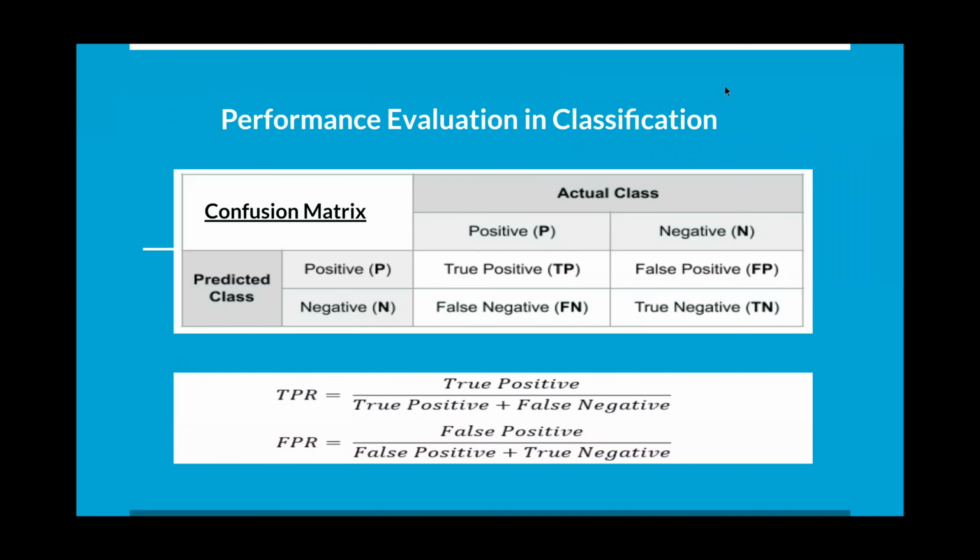So the confusion matrix is nothing but comparing the true labels in our test data with those predicted labels by our ML model. So here true positives and true negatives are those labels which have been predicted correctly. And there are also false positives and false negatives. False positives means those labels which are falsely predicted to be positive when in fact they were negative.